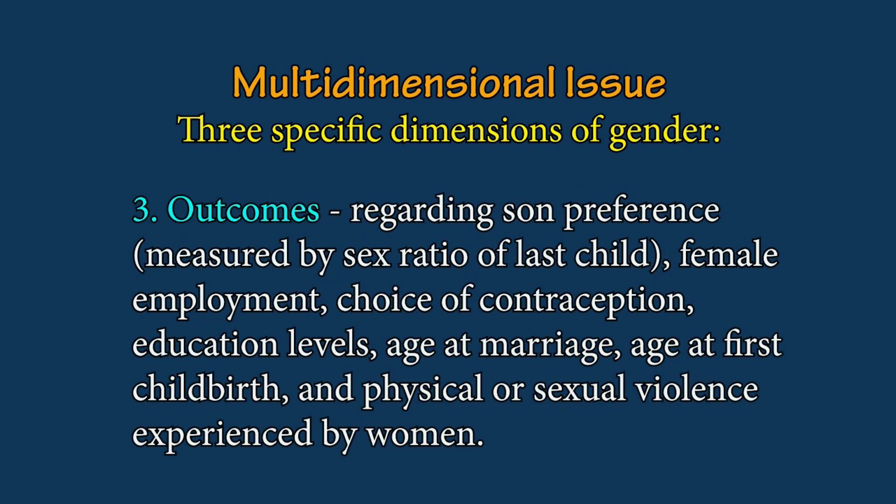It is about son preference, female employment, choice of contraception, education levels, age at marriage, age at first childbirth, and physical or sexual violence experienced by women. So these are the three very important dimensions regarding this issue: agency, attitudes, and outcomes. Now, the first question in this lecture is: how does India perform in these dimensions?